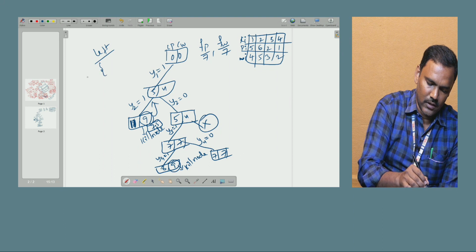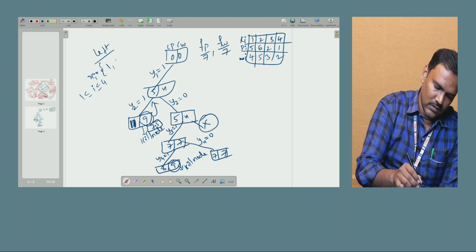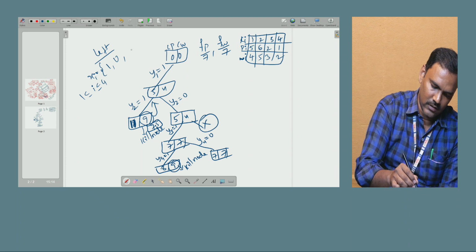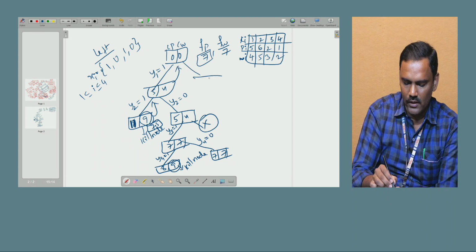The x of I value from 1 to 4. If I is done or equal to 4, then we are going to get x1 0, x3, and max profit you got 7. Now after backtracking again we will check this process.